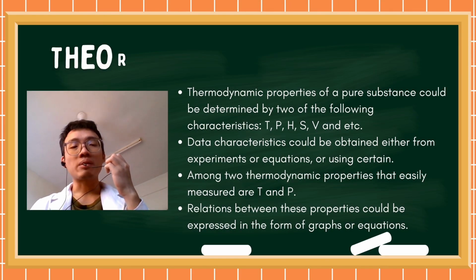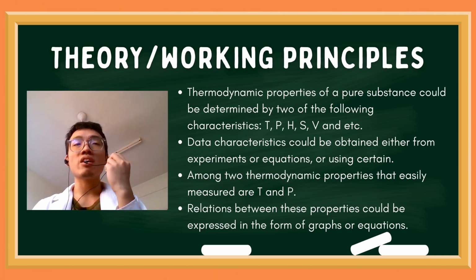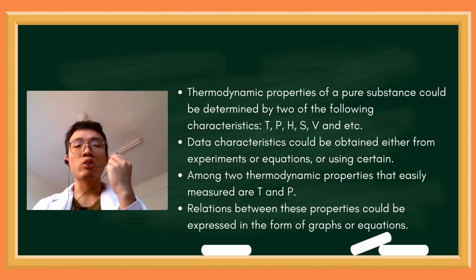Now is our theoretical part. The thermodynamic properties of a pure substance could be determined by characteristics such as temperature, pressure, entropy, and volume. The data could be obtained either from experiment or equation. Among these thermodynamic properties, the ones that can be easily measured are temperature and pressure.